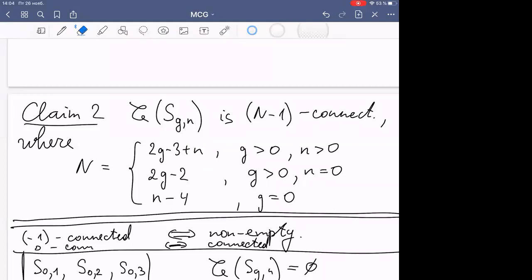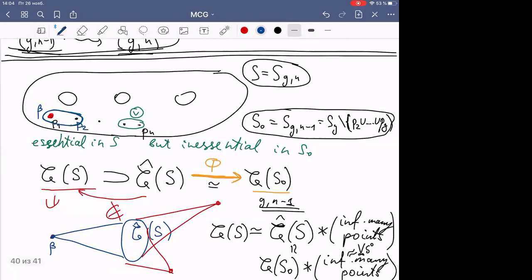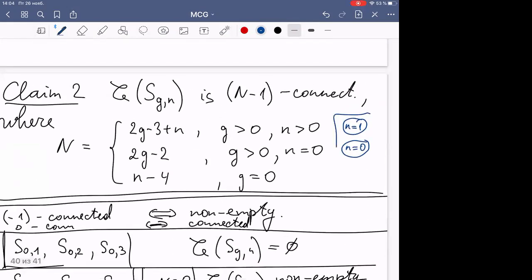The situation with the transition between n equals 0 and n equals 1 is somewhat special, since there are no such curves beta, except for this case. The induction on n is obvious.